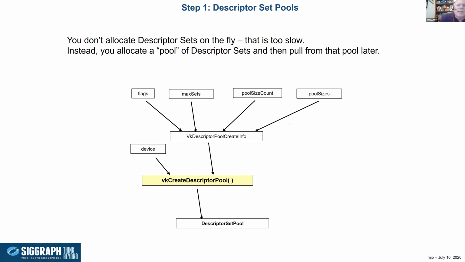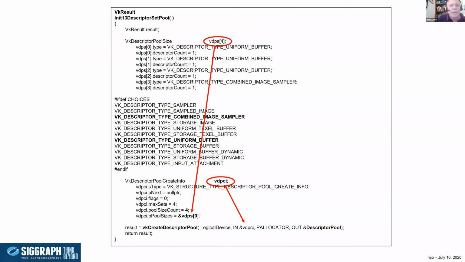Turns out you don't allocate descriptor sets on the fly. That apparently is slow. So in the process, you create a pool of descriptor sets. This is done at the start of the program. This is done in the sample code in one of the initialization functions. There are 4 sets of things, and so we're going to create 4 descriptor sets.